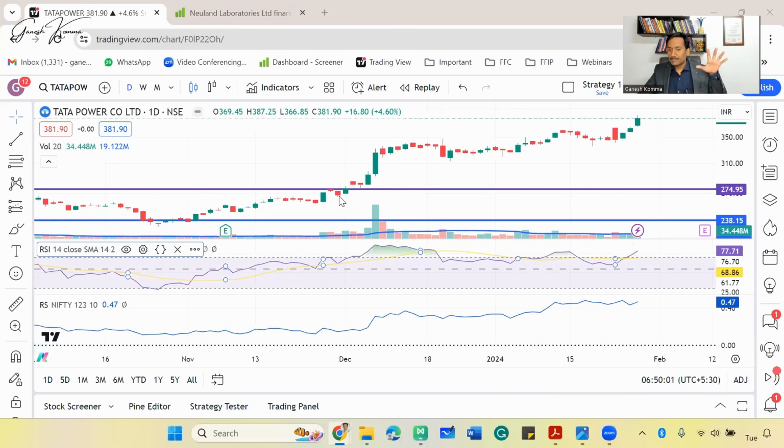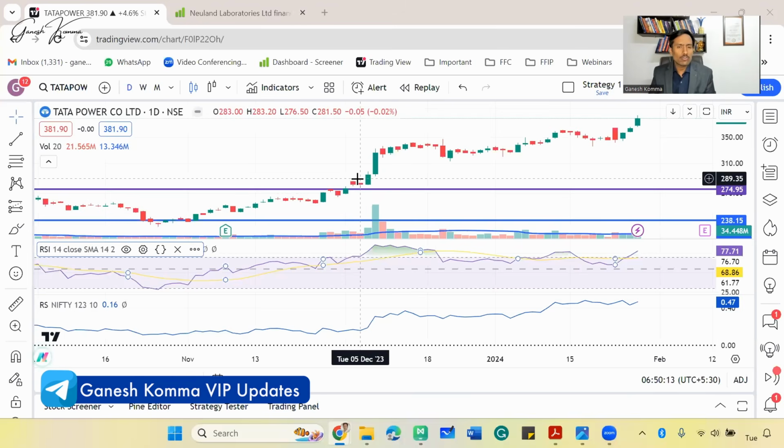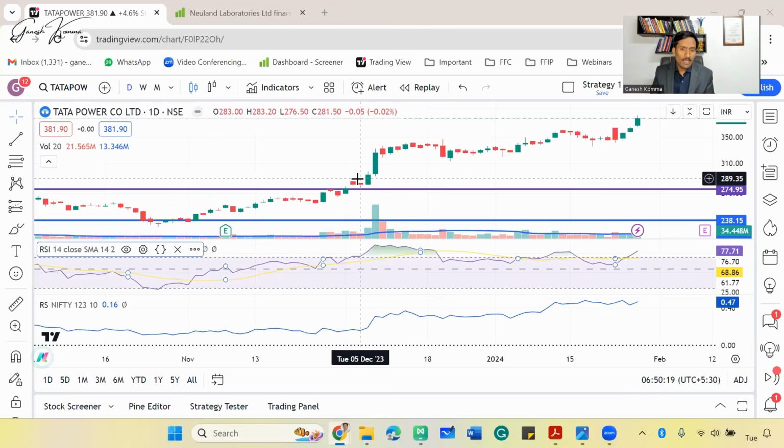Sectors like public sector unit banks should be on our radar. So apply it on PSU banks. Stocks like your Bank of Maharashtra, Punjab National Bank, Canara Bank, Union Bank are also picking up strength.